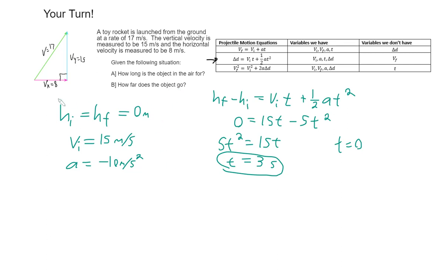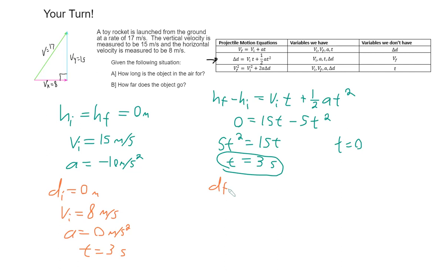Well, we're going to use the horizontal component, and we have that the initial distance is 0. Solving for the final distance, we know the initial velocity in this case is 8 meters per second. We know the acceleration from before is 0 meters per second squared, and we have the time being 3 seconds.